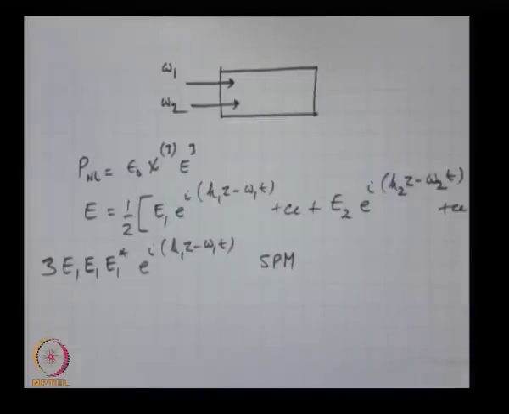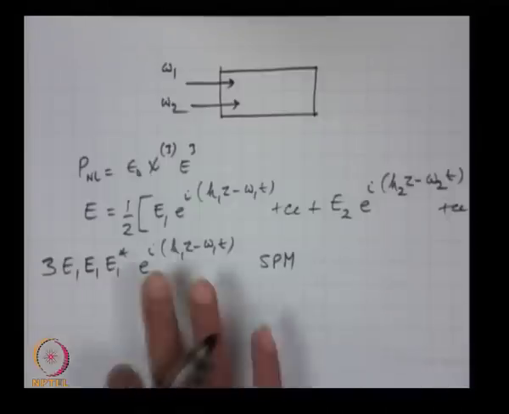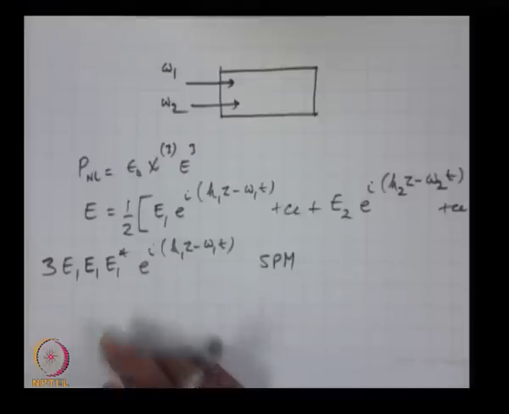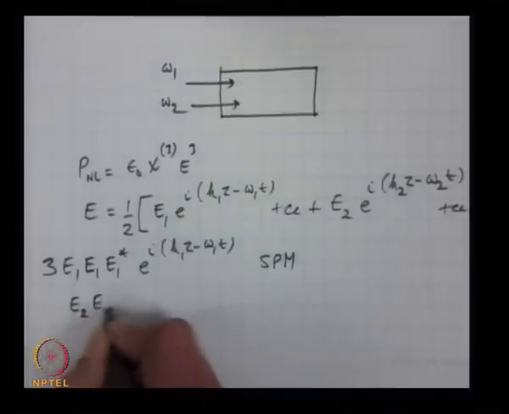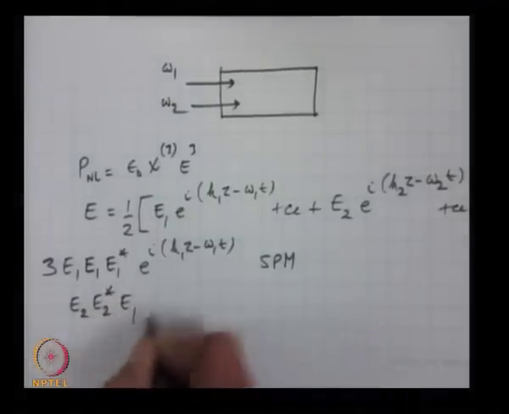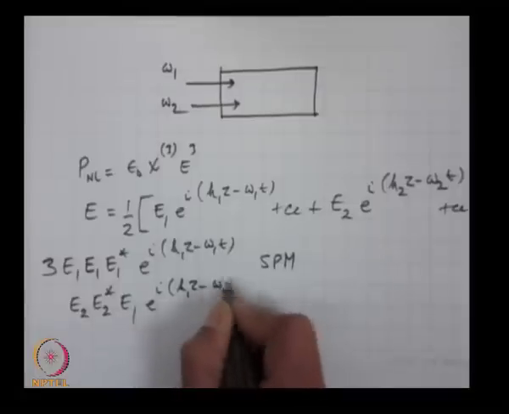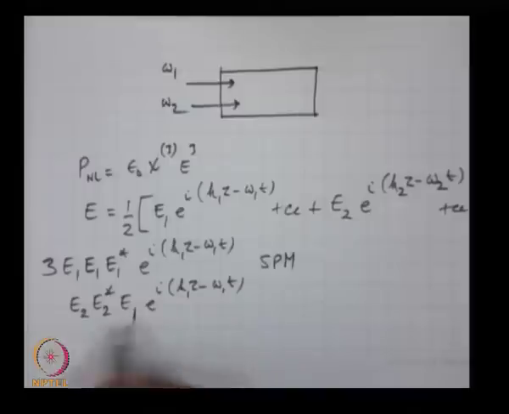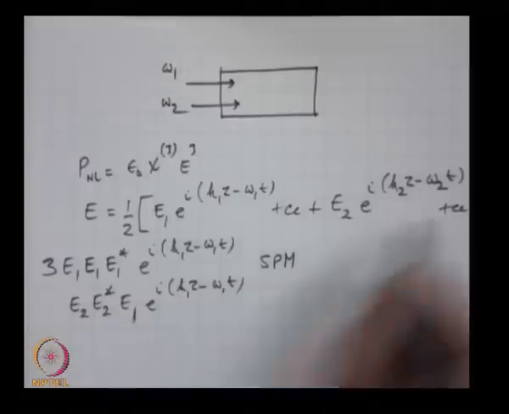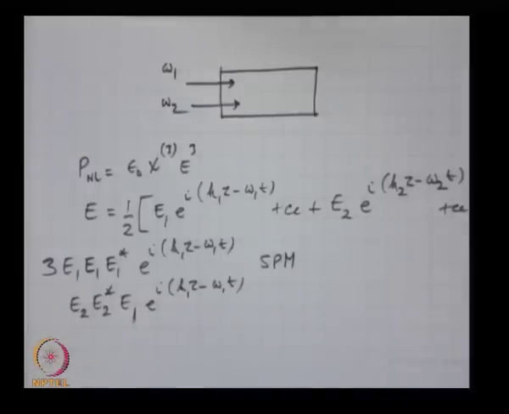Now, is there any other term at exponential i(k1z minus omega 1t)? Yes. So I will have E2 star E1 exponential i(k1z minus omega 1t), because with E2 star you have cancelled off the time and space dependence, and all you are left with is the space and time dependence of E1.